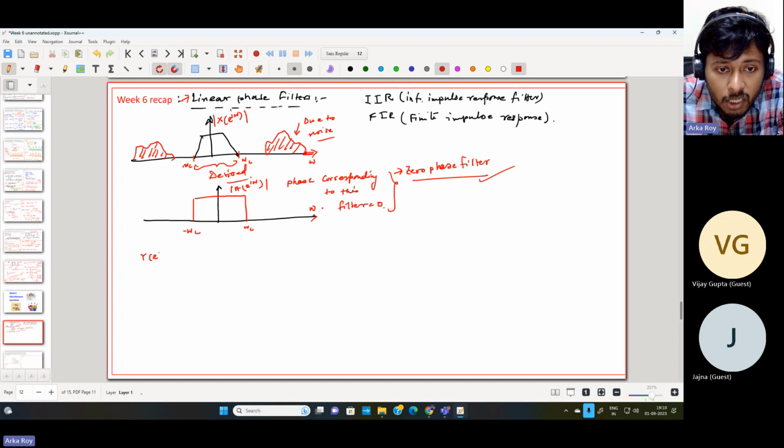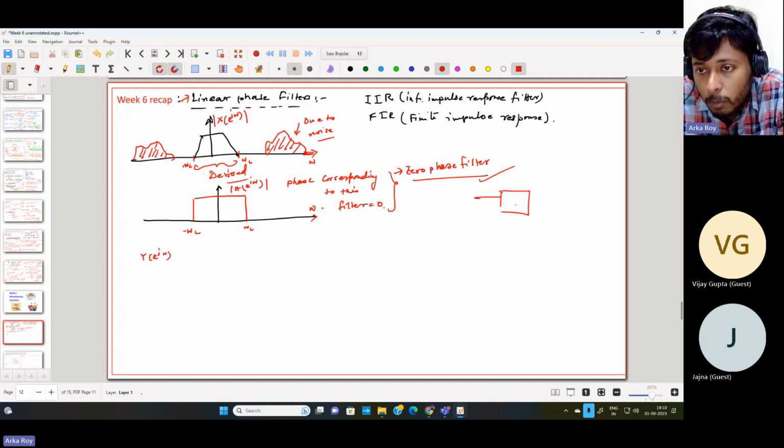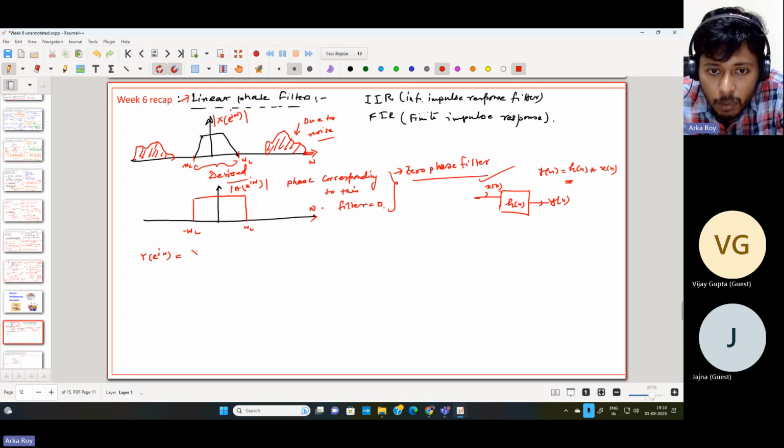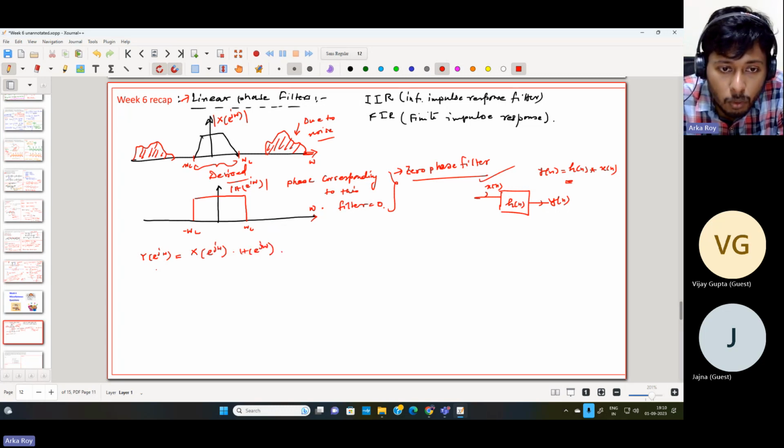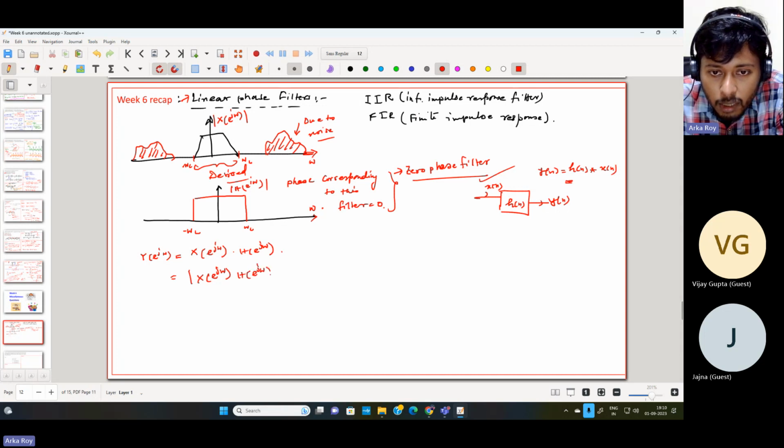So Y(e^j omega). Let me just draw the block diagram over here. So this is h of n, this is y of n, and this is x of n. Given this, y of n is basically related to h of n convolved with x of n, and therefore the DTFT will just be the multiplication of these two, X(e^j omega) and H(e^j omega). So I can say that it is having two components: the magnitude of X(e^j omega) times the magnitude of H(e^j omega), and the angle of X(e^j omega).